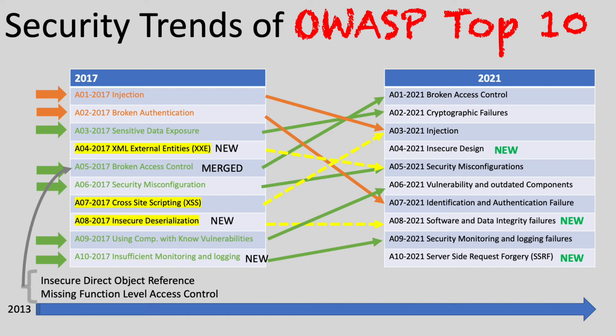Essentially, these have been combined into other areas. So they don't exist on their own; they've been fused into other topics. And that brings us to the final point here.